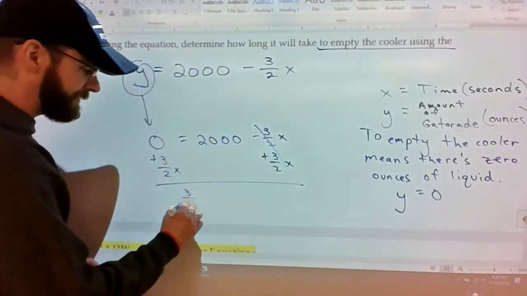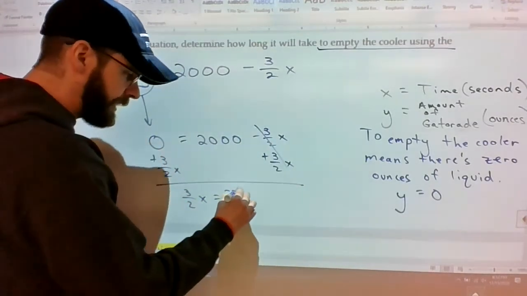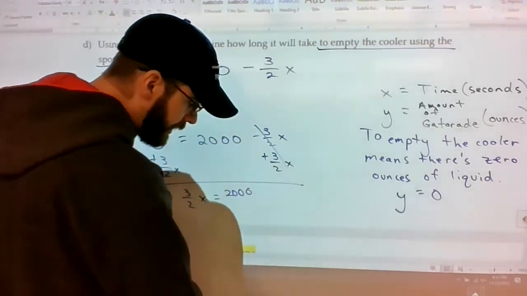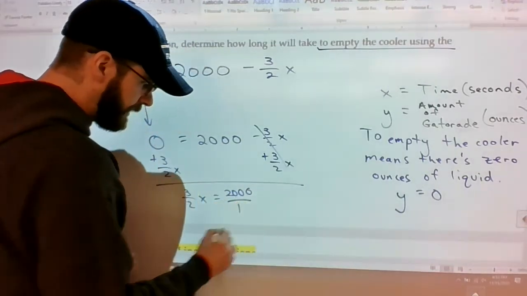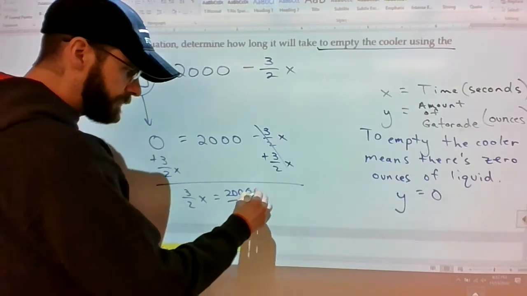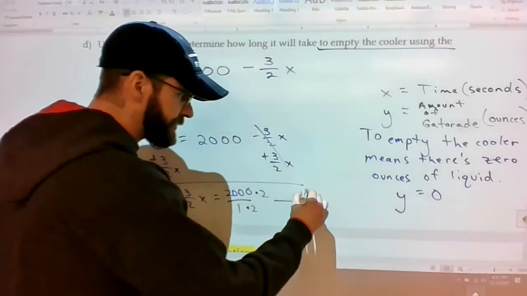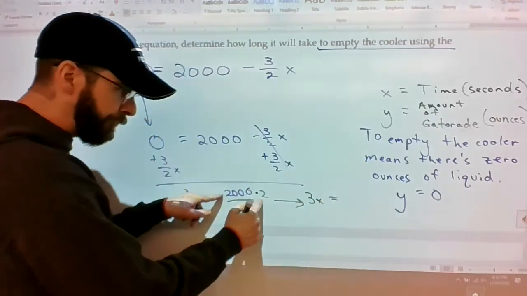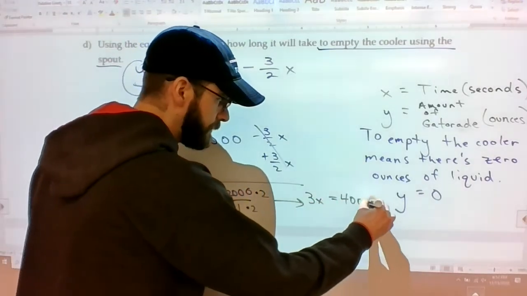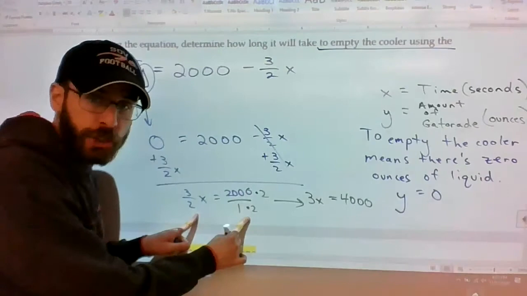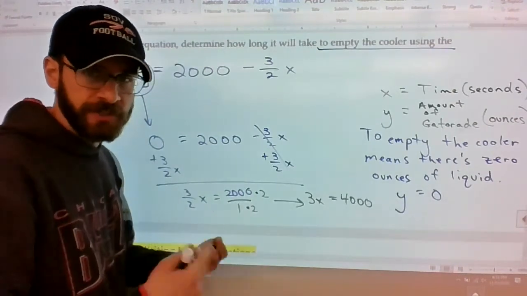So that's 3/2 x equals 2,000. I'm going to put the 2,000 over 1 right away. Common denominator of 2. At which point you can just say it's 3x equals 4,000. I ditched the 2 denominators already, just for time purposes.